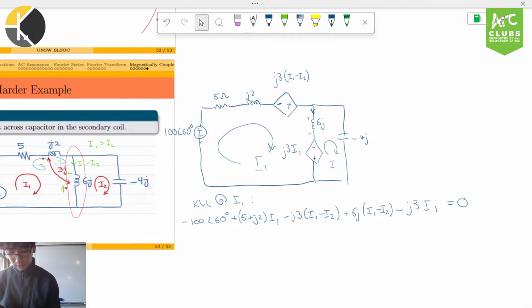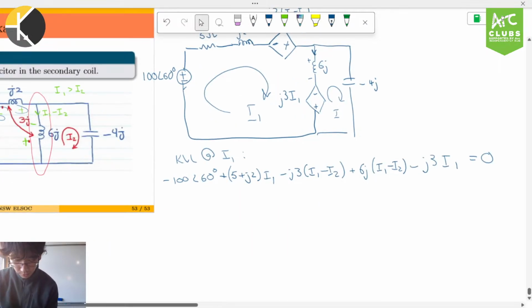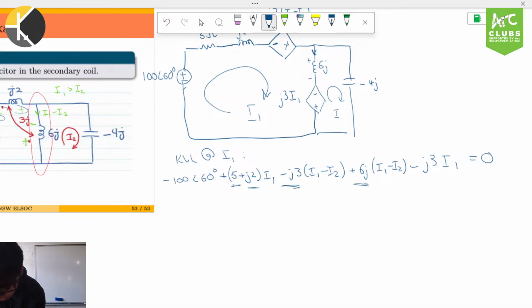Cool. I'll simplify that a bit. So in terms of I1, we have a 5, a j2, a minus j3 and a j6. Oh, and another j3 here. Minus j3 plus j6 minus j3. Those will cancel out.